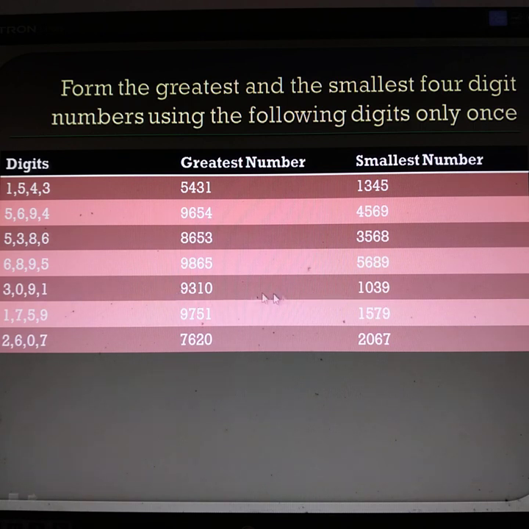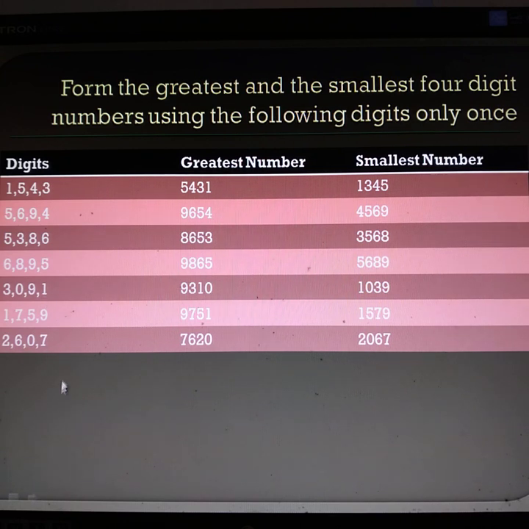In this way, during formation of the smallest number, we have to use the second smallest digit first, and after that we have to use 0. In this way, you can form the smallest numbers where one of the digits given is 0.